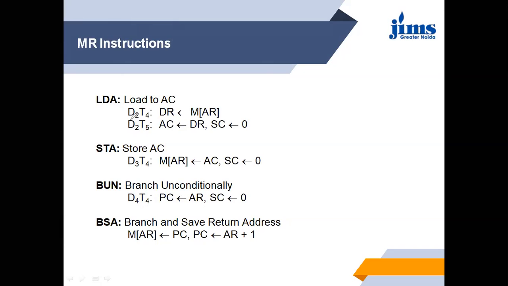D2 is for the load, D3 is for the store, D4 is for the branch, unconditional branch, and sorry, here will be D5. It's by mistake. D5 and T4.